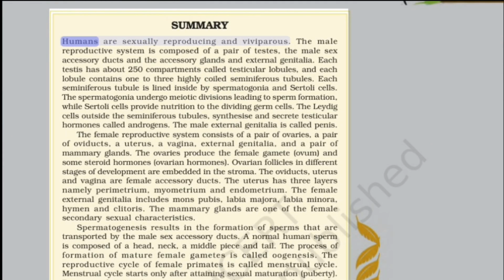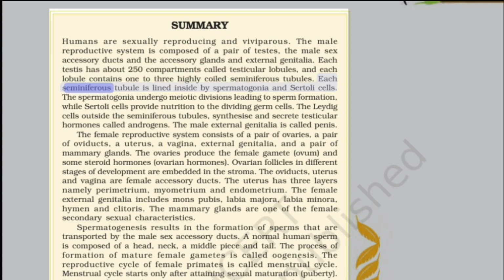Summary: humans are sexually reproducing and viviparous. The male reproductive system is composed of a pair of testes, the male sex accessory ducts, and the accessory glands and external genitalia. Each testis has about 250 compartments called testicular lobules, and each lobule contains 1 to 3 highly coiled seminiferous tubules.